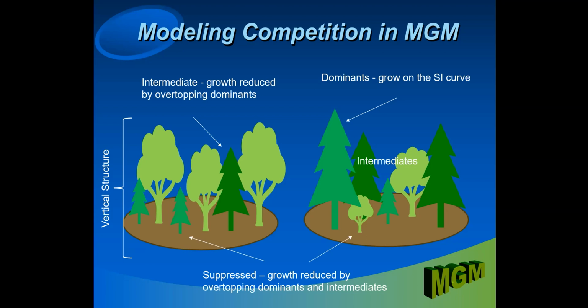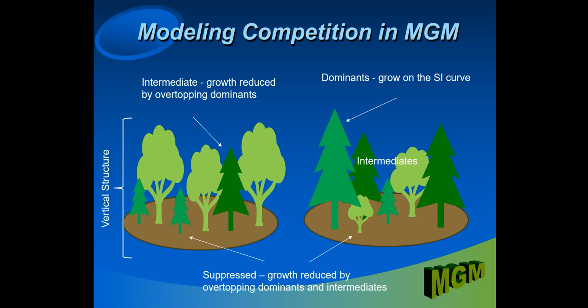So in this case, this spruce tree right here would have aspen over top of it. Its height growth, diameter growth, and mortality would all depend on this single tree. Next to it is the aspen, so it's aspen over aspen, so it will be adjusted as well.